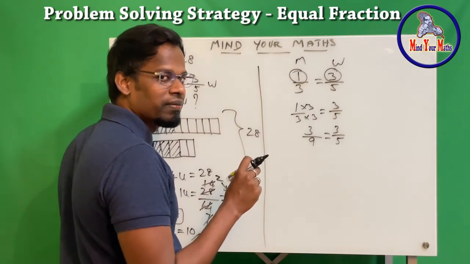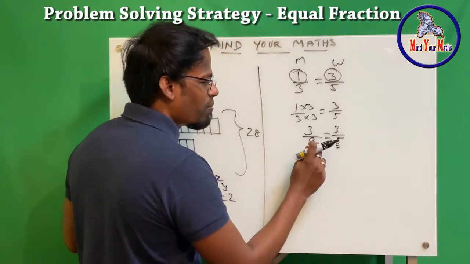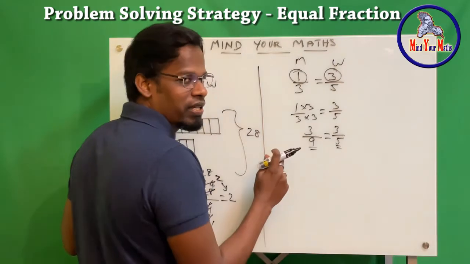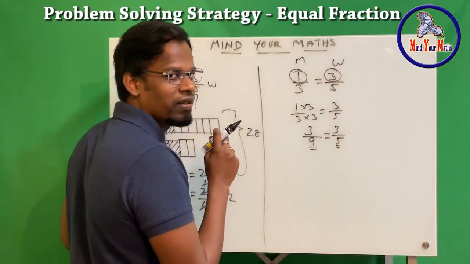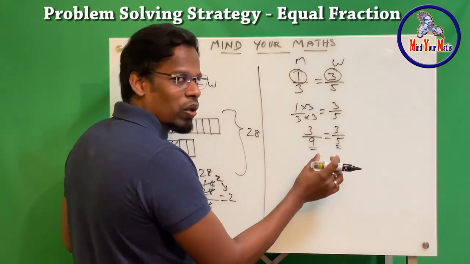What should we do? Yes, we just need to add the denominator on both the sides. If we add them together, that is the total number of units, because now the unit size on both the sides is the same.